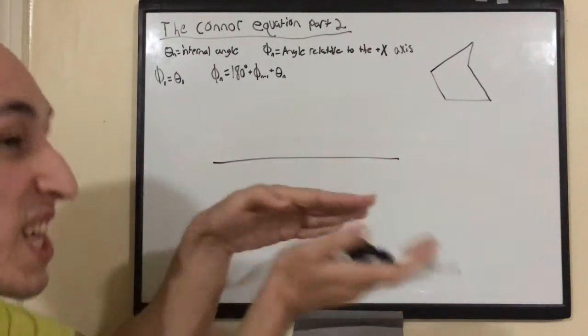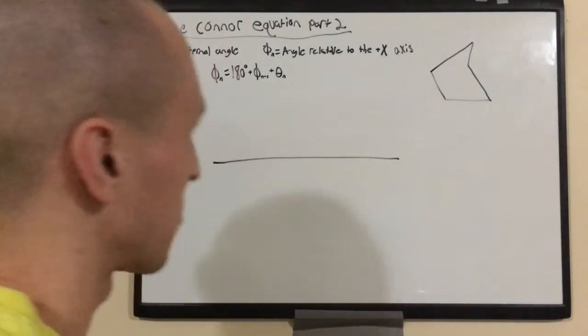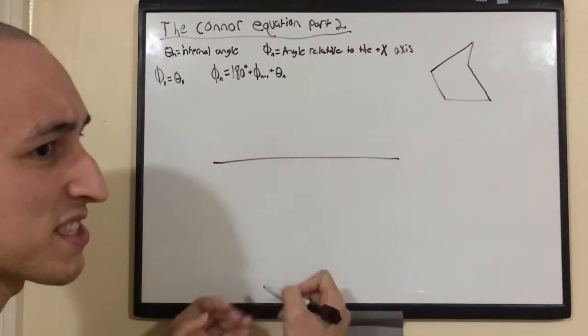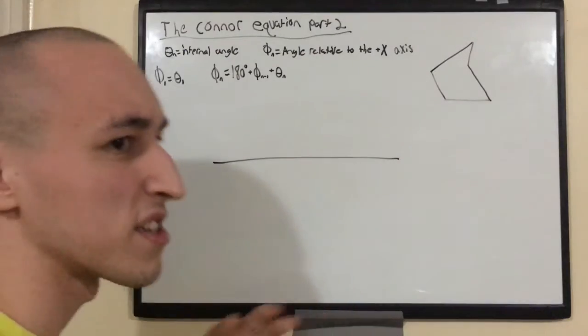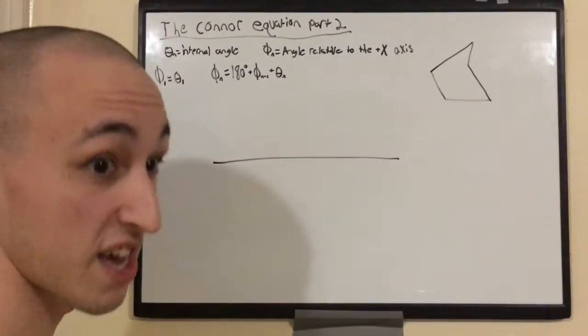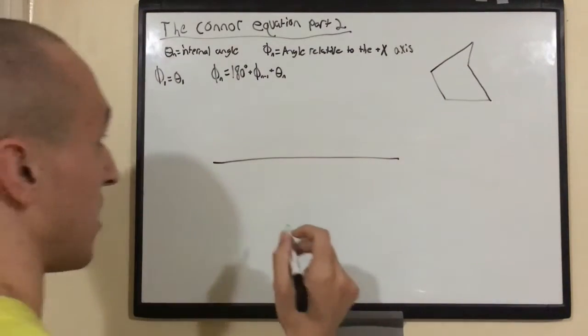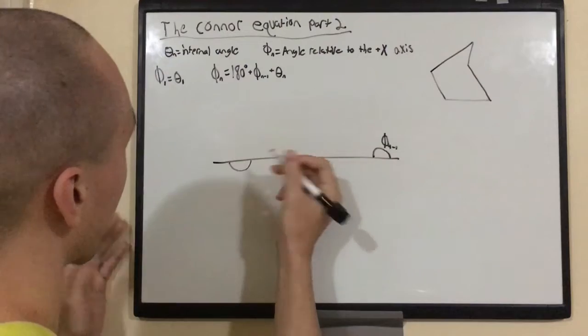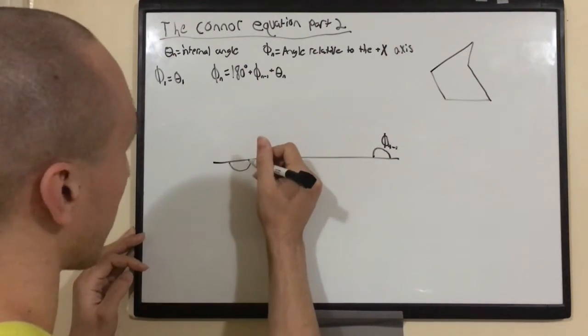It is the positive x-axis. So it's kind of hard to see, because instead of two parallel lines and a line that cuts across in some way, they actually all merge into one line. That's also phi n minus 1.